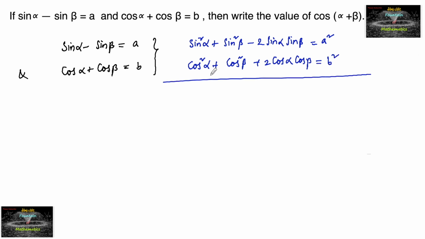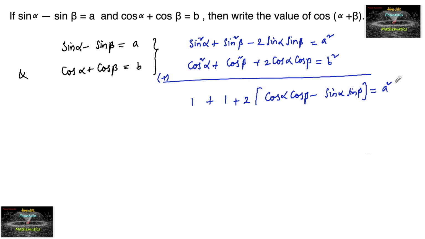Simplifying and adding both, sin square alpha plus cos square alpha is 1, sin square beta plus cos square beta is 1, and if I take 2 common, we get cos alpha cos beta minus sin alpha sin beta.